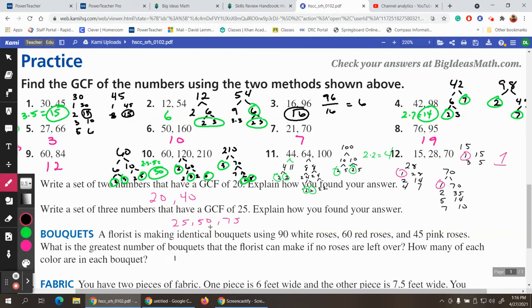So I'm going to say 1 and 90, 2 and 45, 3 and 30, 90 divided by 4, nope, 90 divided by 5 is 18. So 5 and 18, 90 divided by 6 is 15.